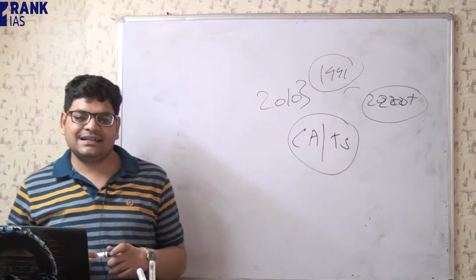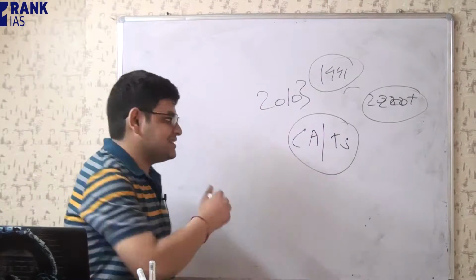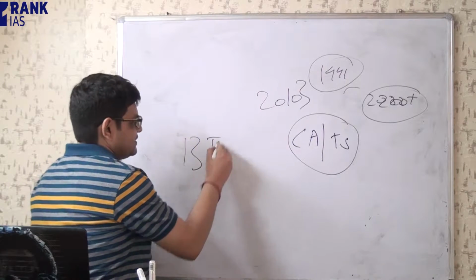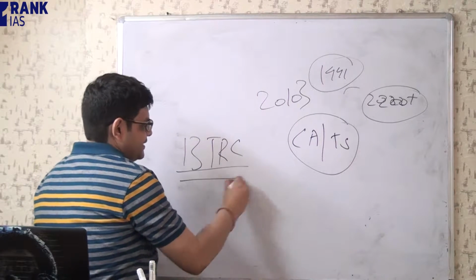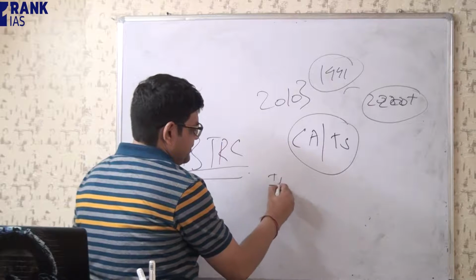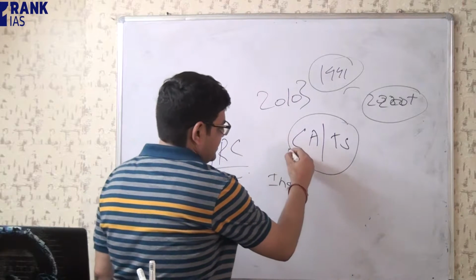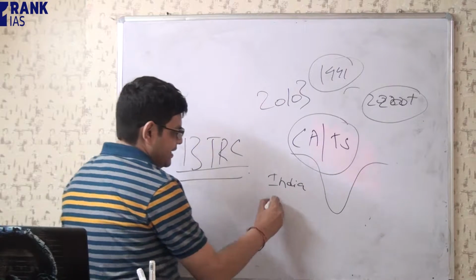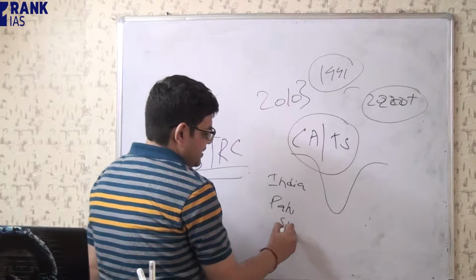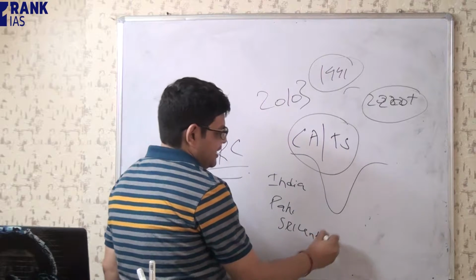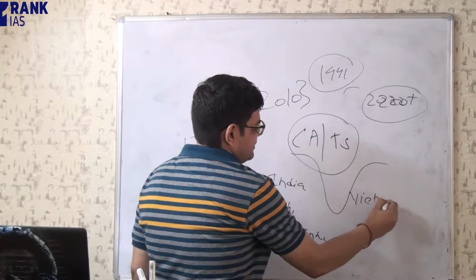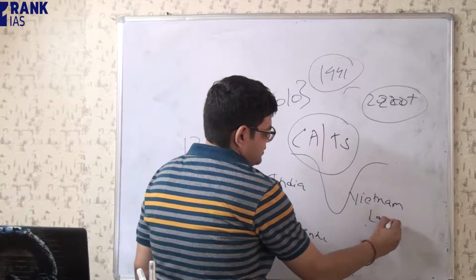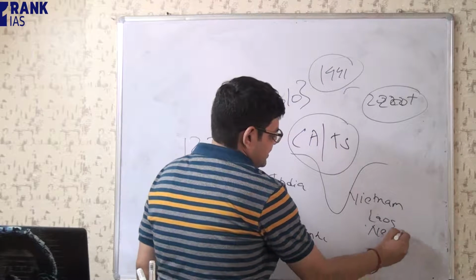And now there are 13 tiger range countries. These countries include India, Pakistan, Sri Lanka, Vietnam, Laos, Cambodia, Bangladesh, Nepal, and even Russia.